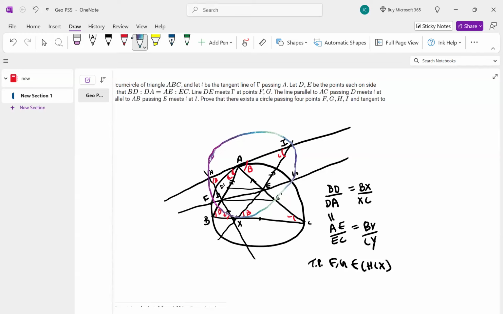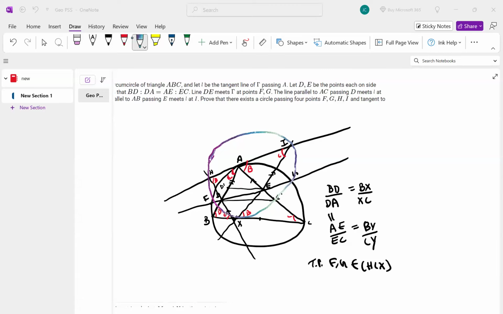Sure, you just prove that HIX is tangent to BC. And that must be the unique circle. How do we show that? Because HXI is valid, IXC is equal to B. Ah, yes, got it. Got it.